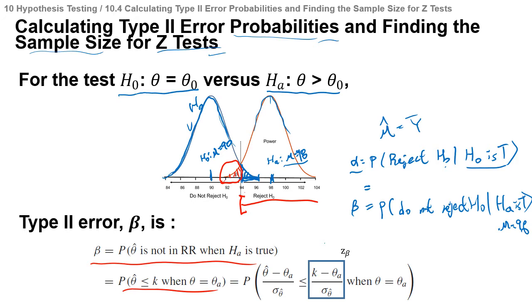To calculate this, we know that theta hat minus theta alternative divided by sigma theta hat is z, and this is this red distribution, and this value is z beta, and you can calculate beta this way.